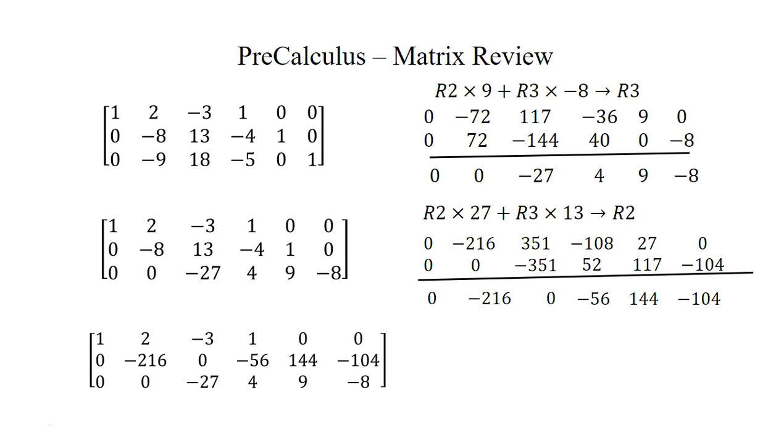All right, so we want to keep going until we have zeros everywhere except on the diagonal. So let's eliminate the negative 3. So I have row 1 times 9 minus row 3. And we're going to put it back into row 1.